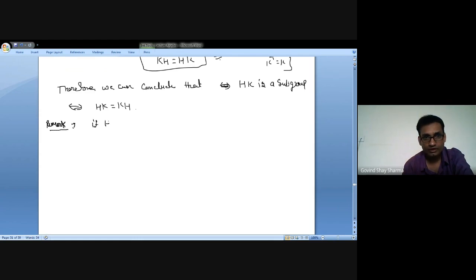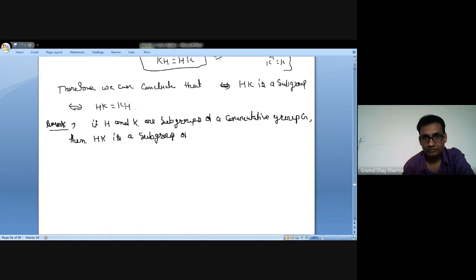If H and K are subgroups of a commutative group G, then HK is a subgroup of G.